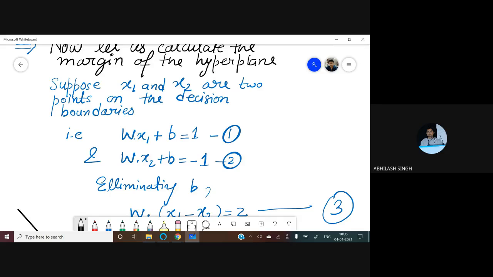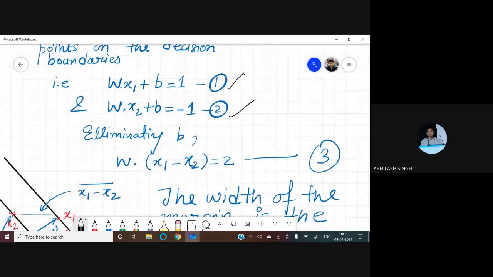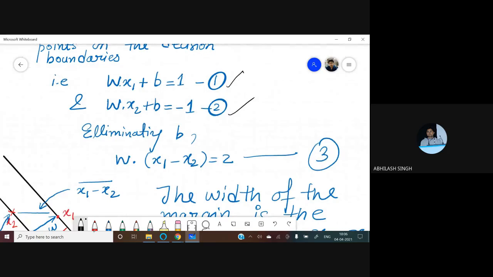For these two support vectors, they will satisfy the equation of the hyperplane on the left and the hyperplane on the right. If we eliminate B by subtracting these equations, we get the dot product of vector W with the subtracted vector x1 minus x2 is 2.